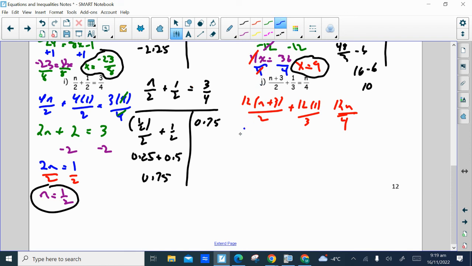And the reason we're doing that is so that we can actually divide now and get rid of the denominators. 12 divided by 2 is 6 times the n plus 3, plus 12 divided by 3 is 4 times the 1. And that equals 12 divided by 4, which is 3 times the n.